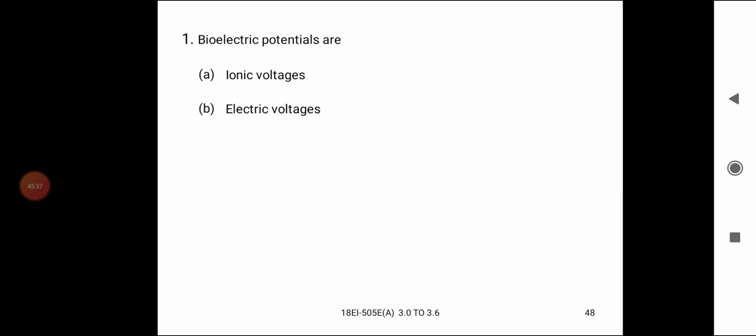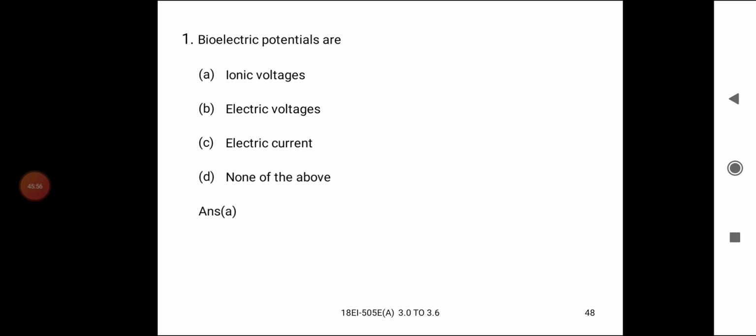Quiz. First: bioelectric potentials are A, ionic voltages, B, electrical voltages, C, electrical current, D, none of the above. The answer is A, ionic voltages.